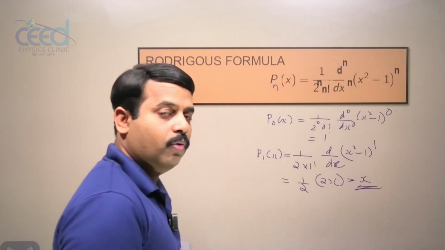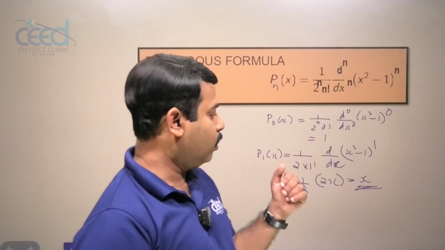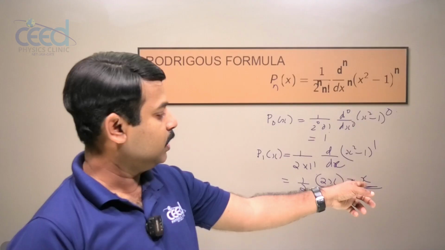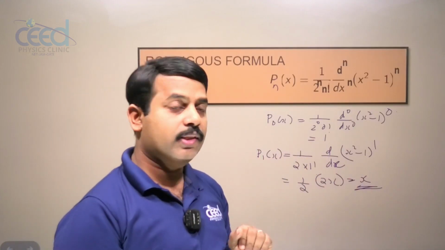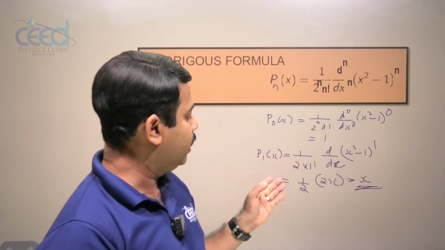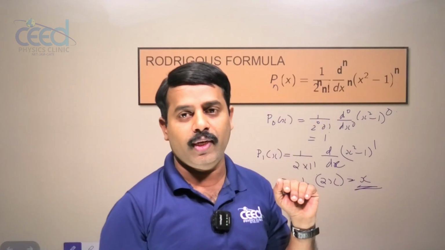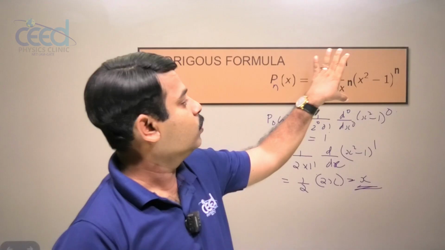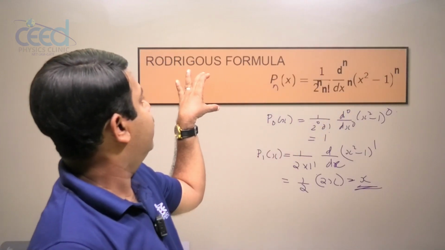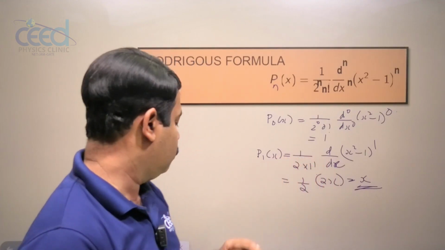We have also seen this. See p1 of x we have seen is x only, p0 of x we have seen is 1 only. Similarly p2 of x you find, you get 1 by 2 into 3x square minus 1. So this is known as the Rodrigues formula, alright.